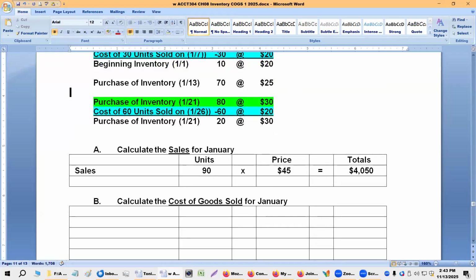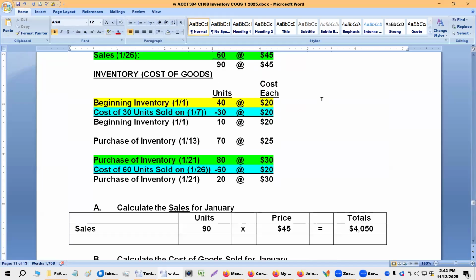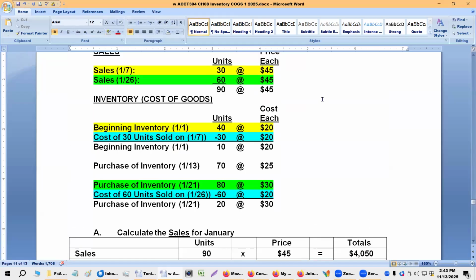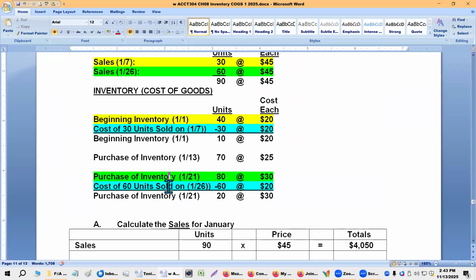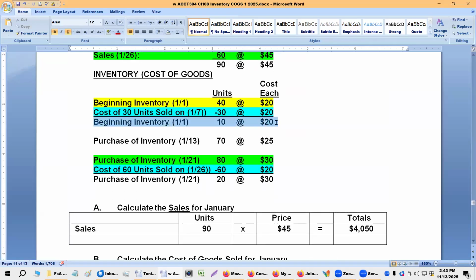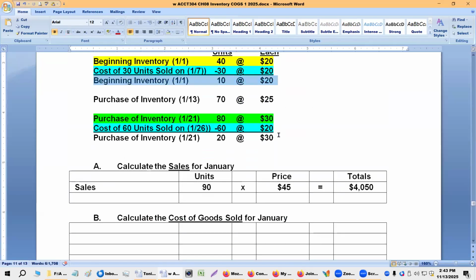So these yellow ones came from the beginning inventory. These green ones came from the 21st, which was the last ones in. And the ones that are not highlighted are the ones that are still left. This will be our ending inventory.